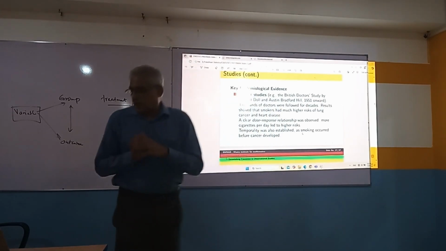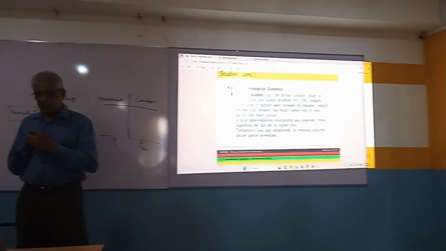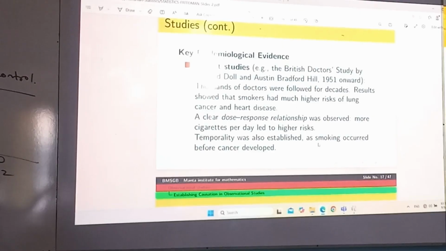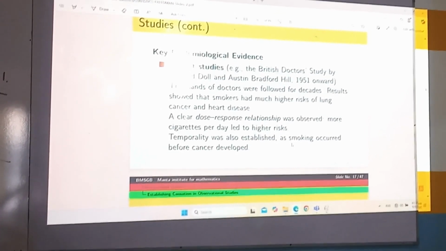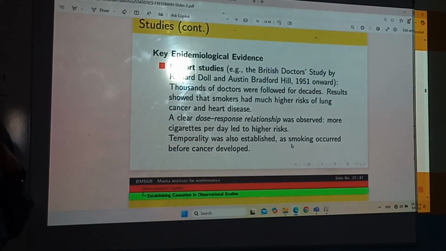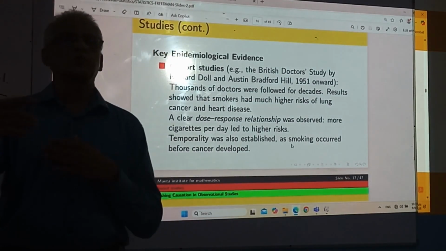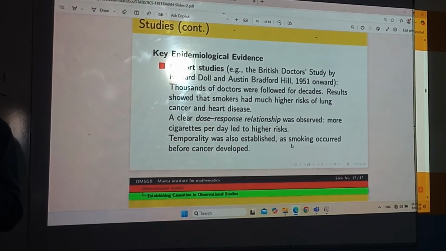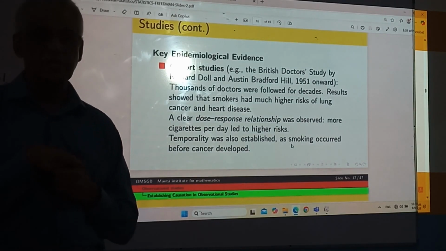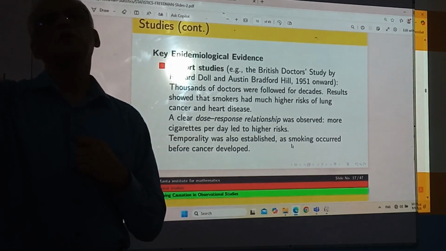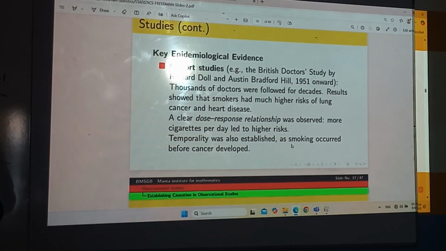So they are kind of a specialized type of people. In this one, they saw a clear association first of all. There was a high proportion of lung cancer among those who continuously smoked, and a lower proportion in the other group. There was also a dose response, one requirement. Those who smoked a large number of cigarettes per day had a high proportion of lung cancer.